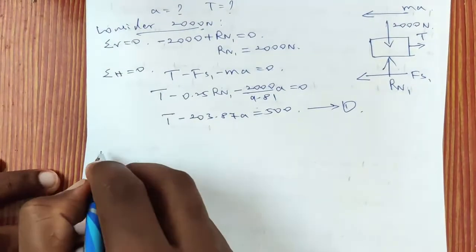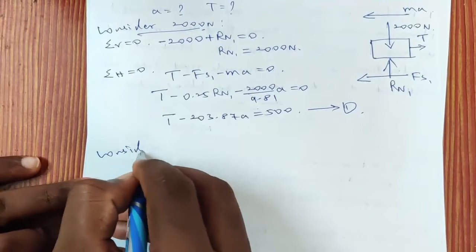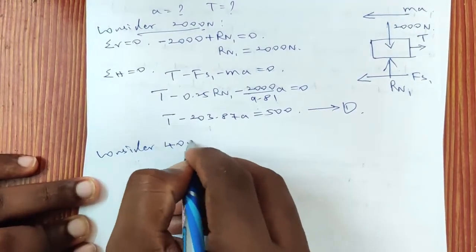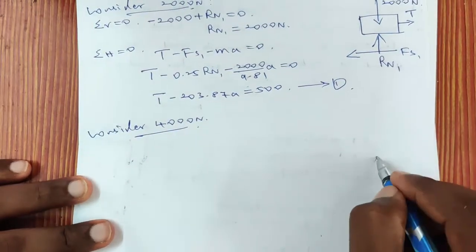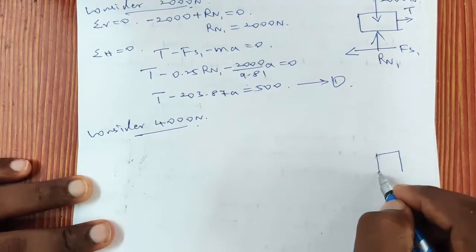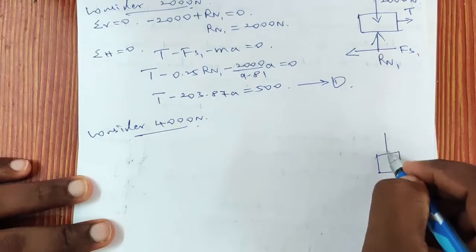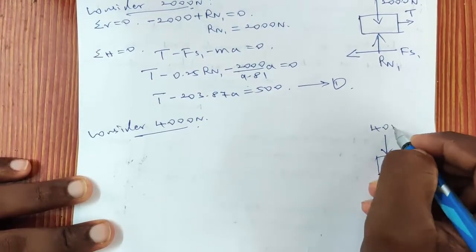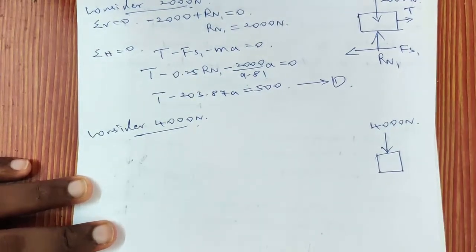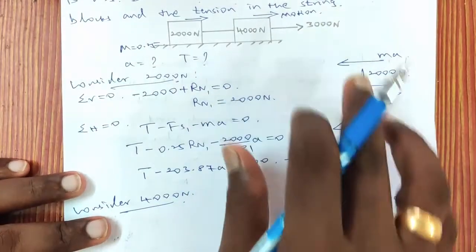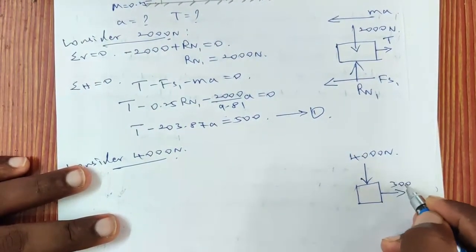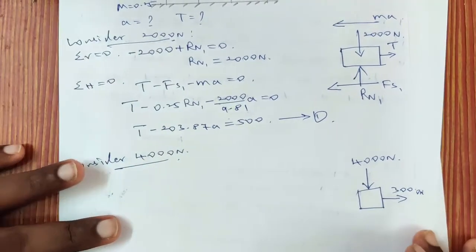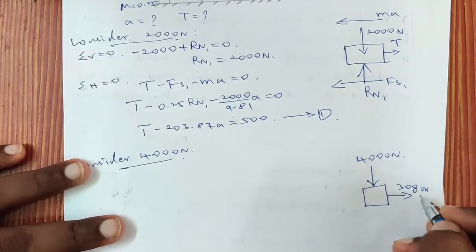Then consider the 4000 Newton block. So we'll draw the free body diagram. The weight 4000 Newton is acting in the downward direction. A 3000 Newton is acting towards right side. And sorry, it is 3000 Newton.